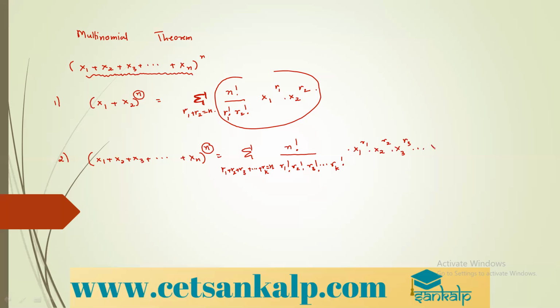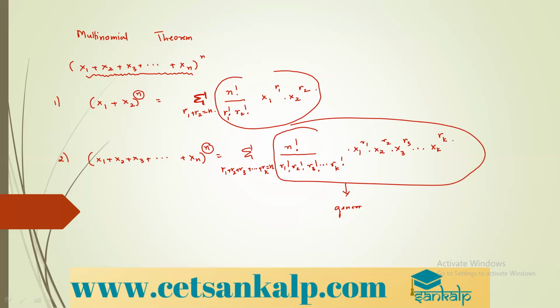In this way, the multiplication goes up to xk power rk. So this is the general term. This entire thing can be called as general term in the expansion of this multinomial.